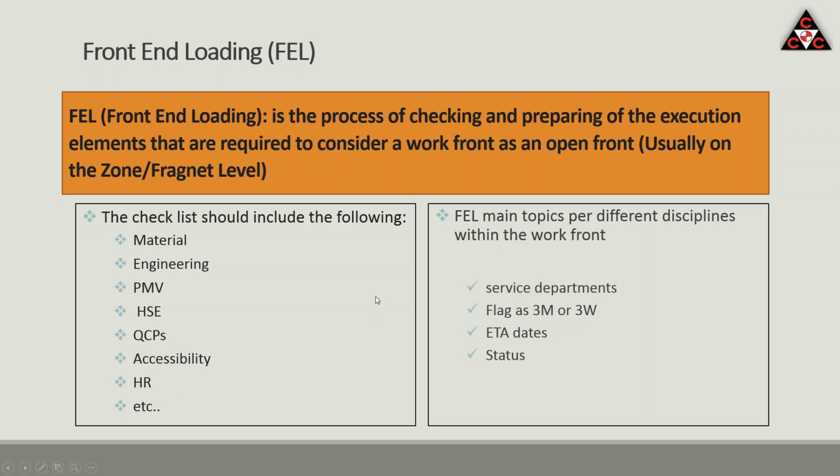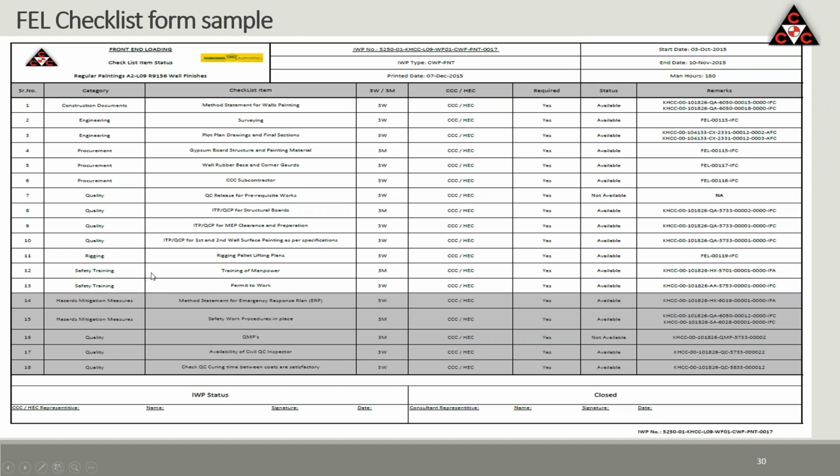So basically, we do this list of things, and we have a front-end loading coordinator following up with everybody to make sure that all these are ready when we start construction. Some of them we have to start following up early. If you notice here, this is 3 weeks, and some items need 3 months of preparation.